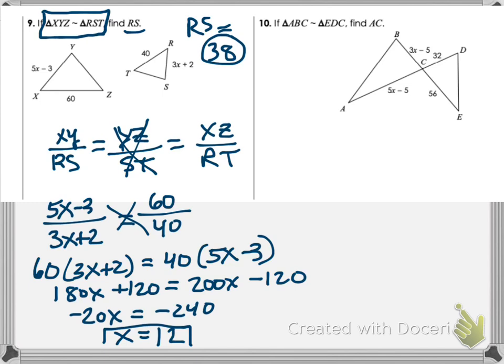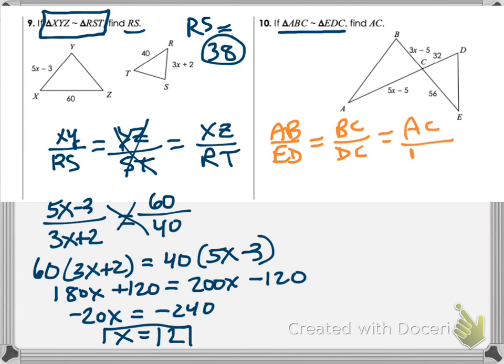Okay, on this one, we have these two triangles are similar, and again, they're showing us how they're similar, which sides match up with which as far as corresponding. So in this one, AB compares to ED as BC compares to DC, and AC compares to EC.